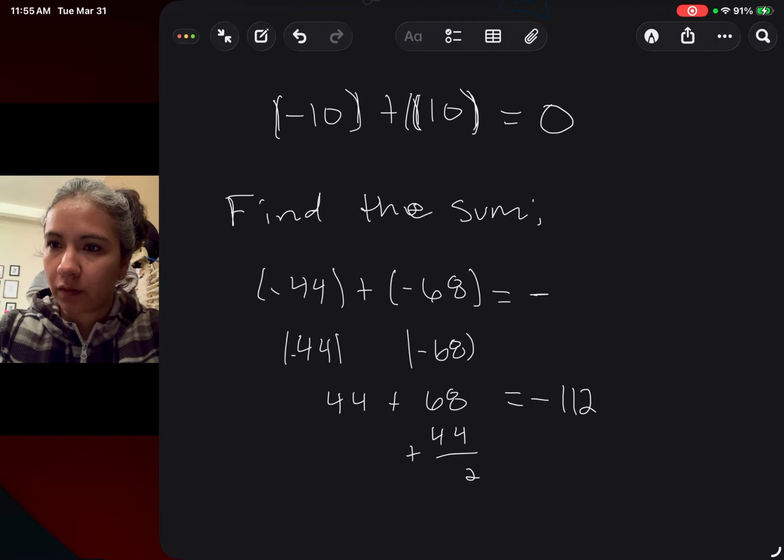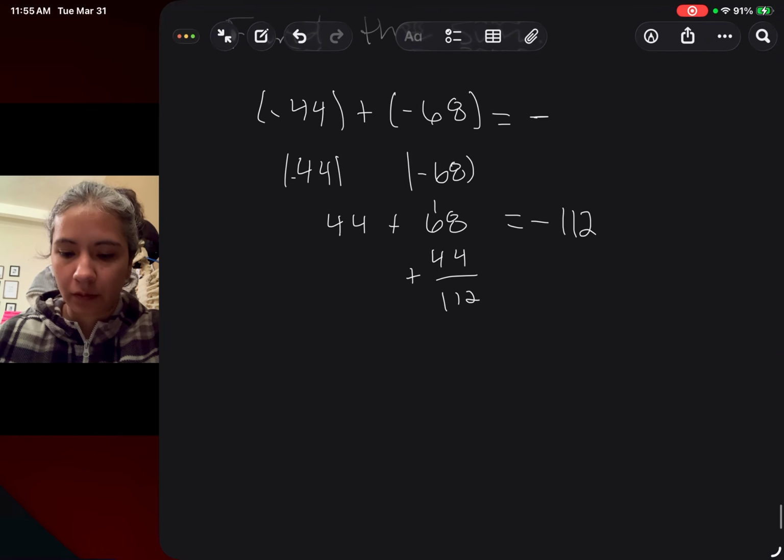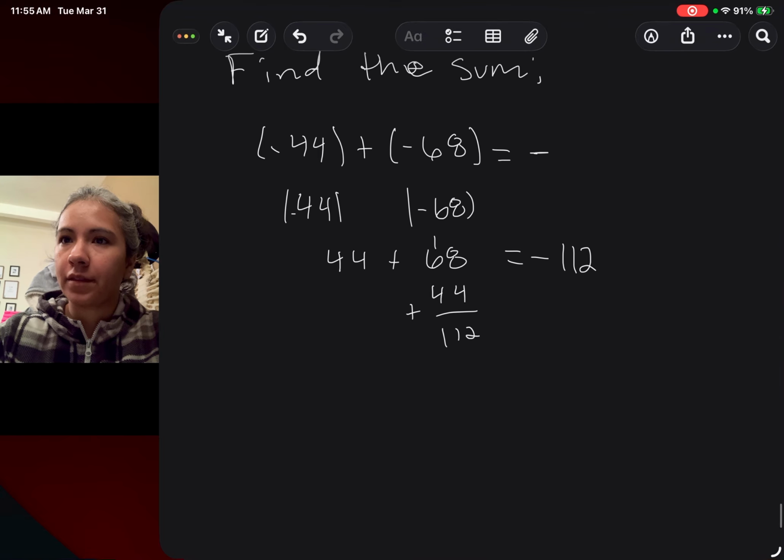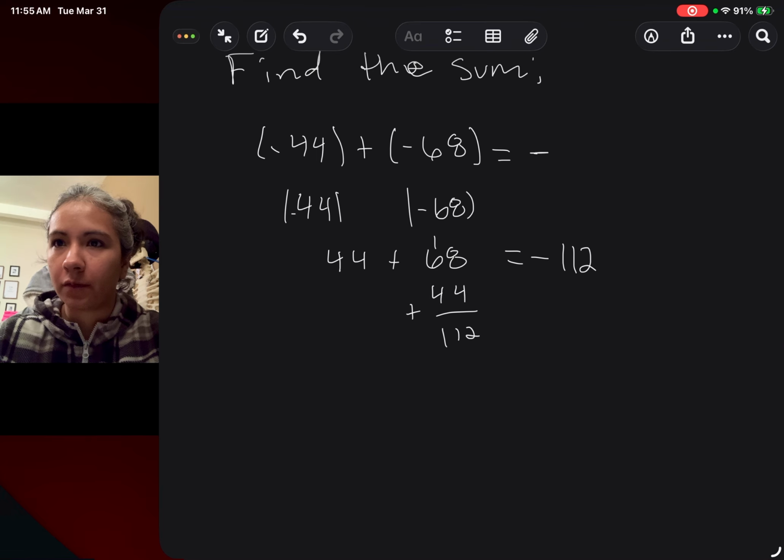These two are both negatives, so that's why we keep the negative, and then we added their absolute values.